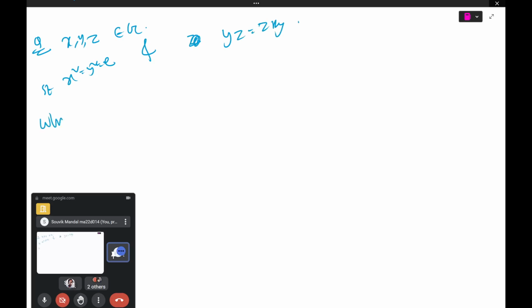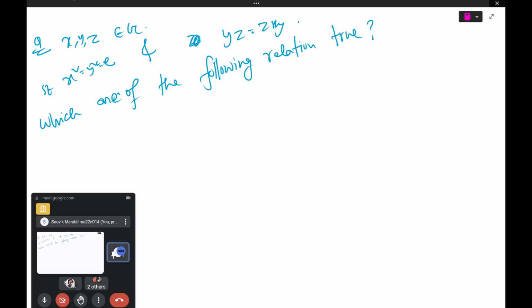Now the question is, which one of the following is true? First, xy is equal to y.